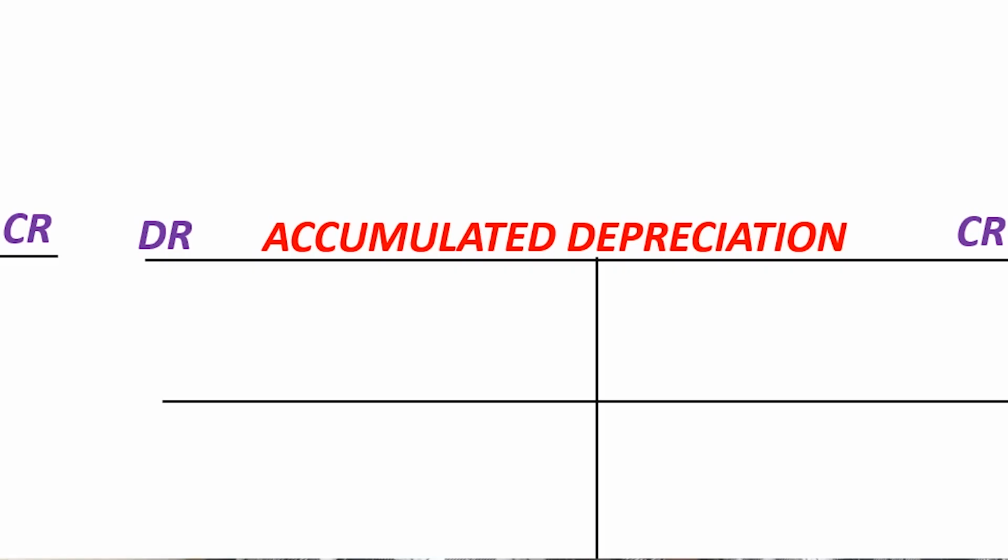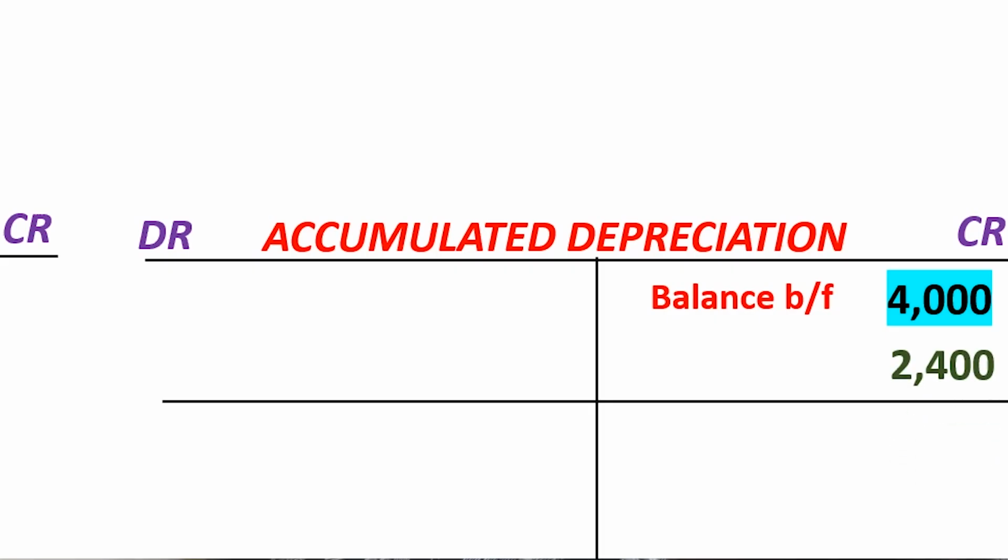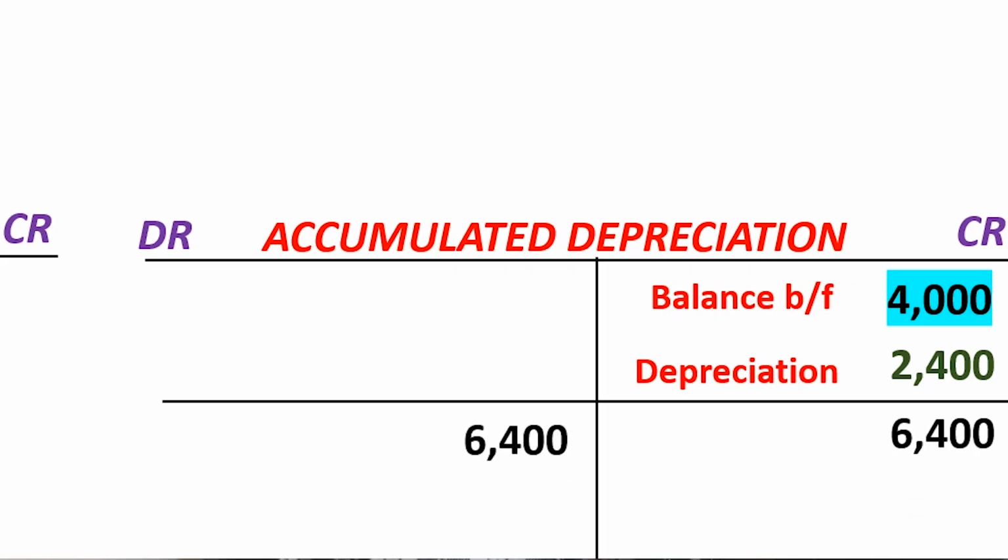In this case, accumulated depreciation has a balance brought forward from the previous period of 4,000. Then we credit it with the depreciation for that year, which is 2,400. And when we balance out that account, we shall have a balance of 6,400 as accumulated depreciation.